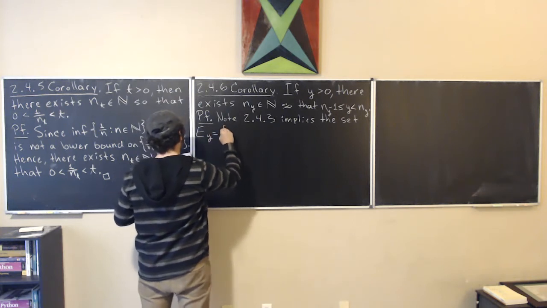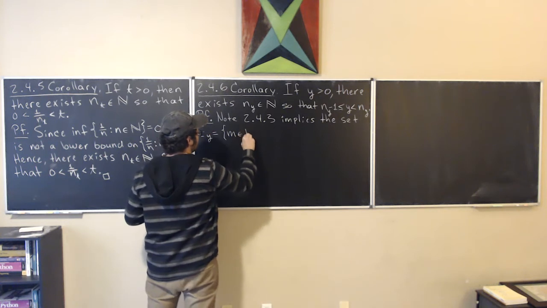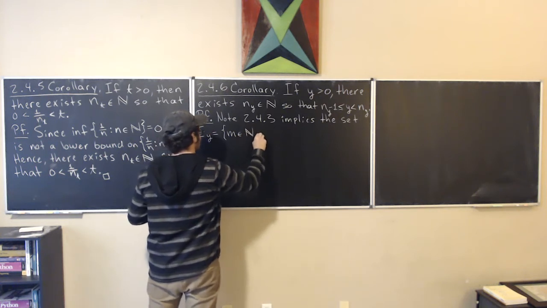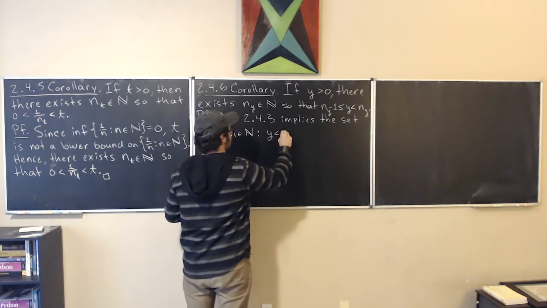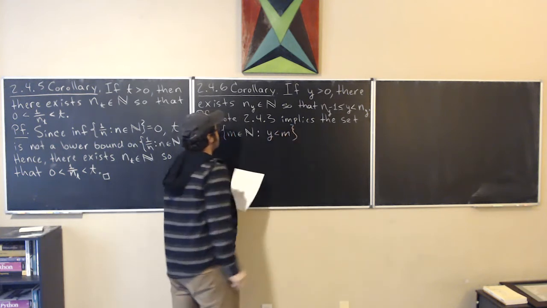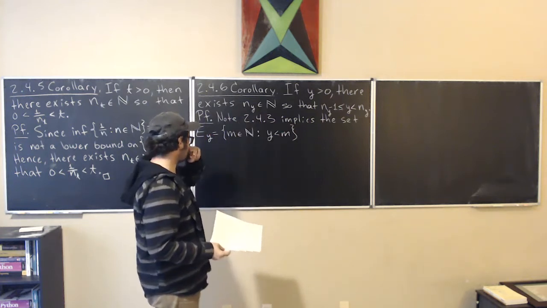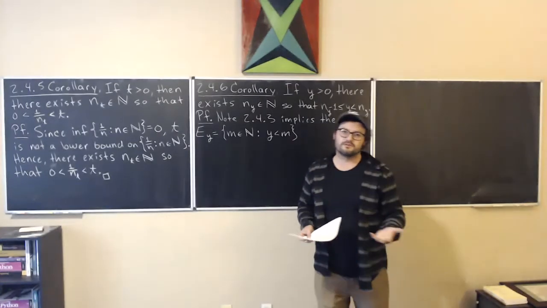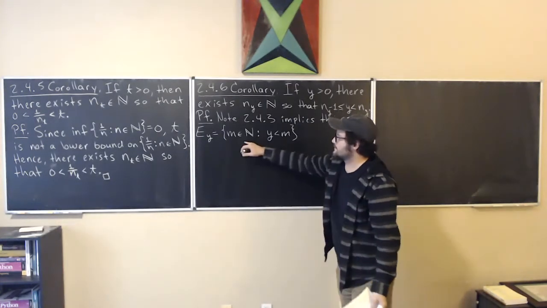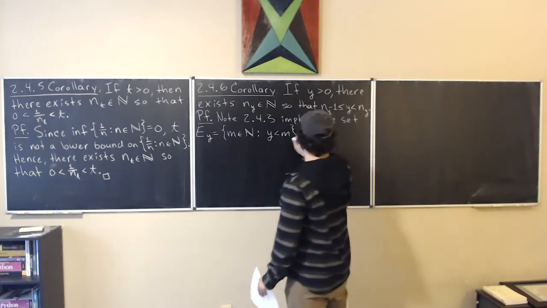And what is this set? It's the set of all natural numbers m such that y is less than m. 2.4.3, if you recall, states that if you pick any positive real number, there's a natural number that's larger than it. So this set of natural numbers larger than y has to be non-empty.